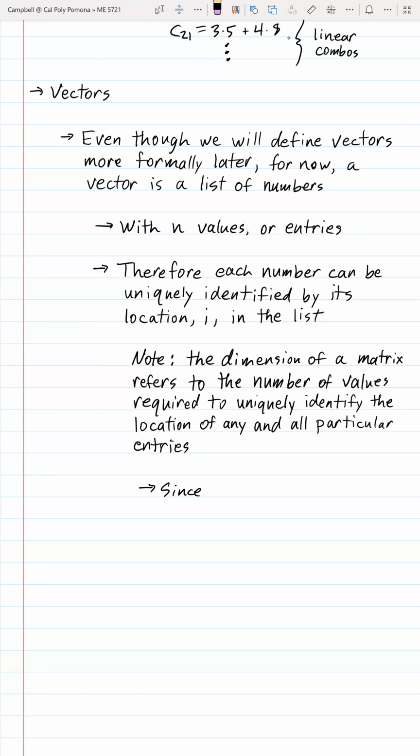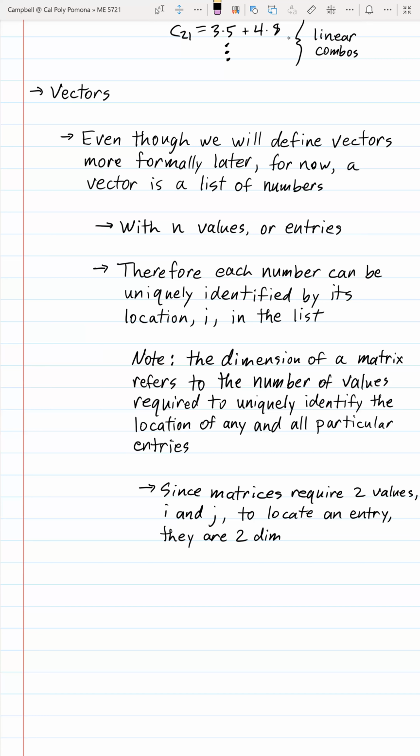So since matrices require two values, i and j, as I indicated before, to locate an entry, that means that, of course, they are two-dimensional entities.